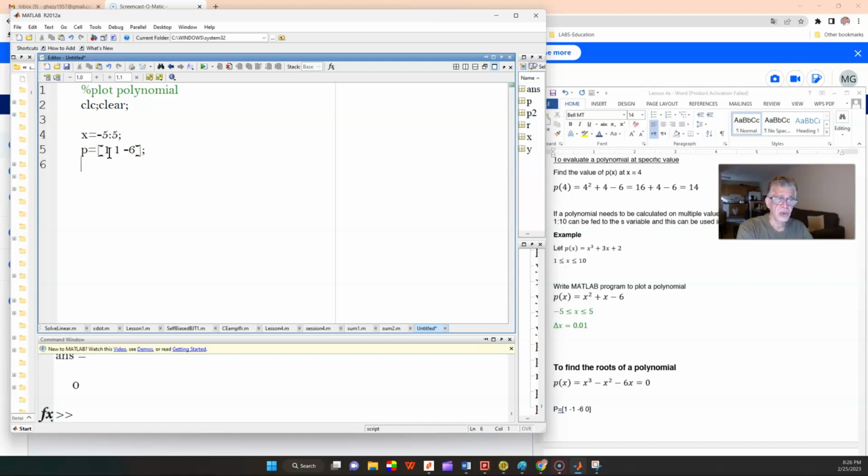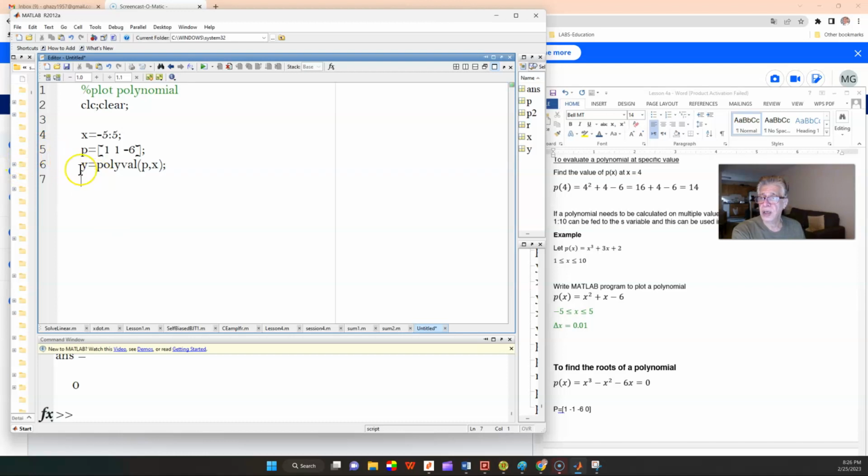Next, I want to make the plot. How do you do the plot? Well, first you want to find the values. So say y is equal to polyval, because you want to find the corresponding values for x. So you say polyval, as we did before, p, x.